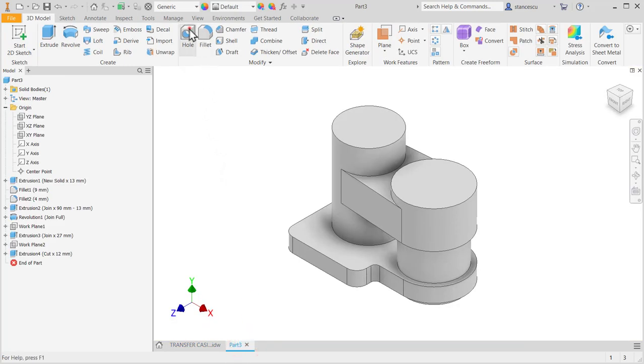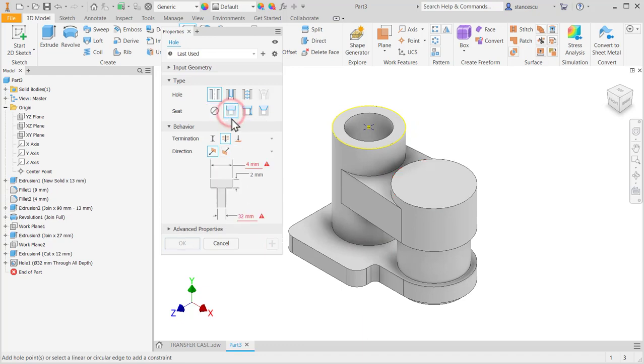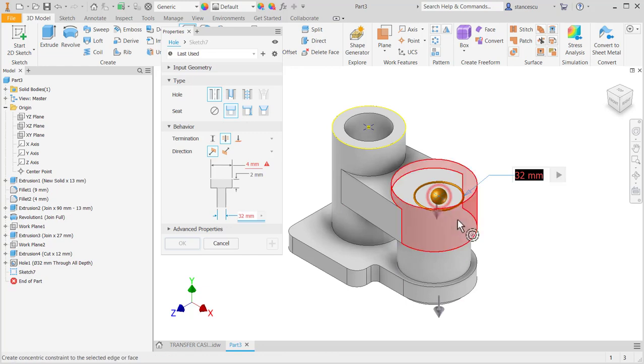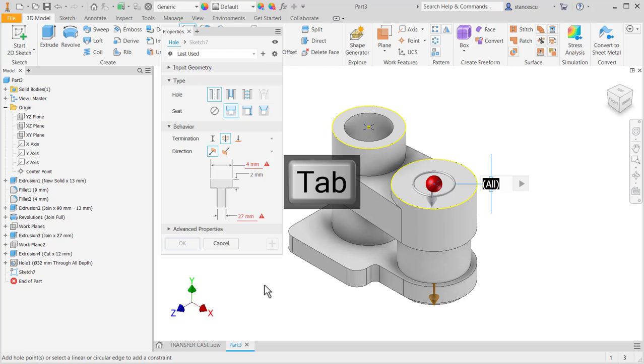Let's do these two procedures. The first is the hole with this here, 32, plus a counter bore hole, this face, this center, dimensions. 32 is red because it is greater than the counter bore. 27 is this, yes, tab, all, okay.